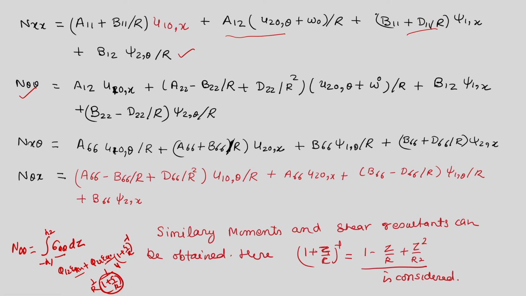In the previous lecture also, I said that 1 plus zeta by r inverse can be opened up in an infinite series, but we are going to consider up to quadratic terms. Most of the literature on Flügge's theory considers the terms up to quadratic, and this gives a more accurate solution.